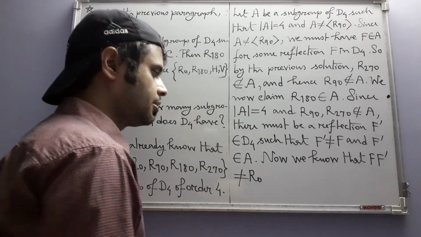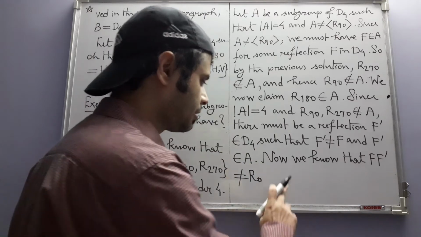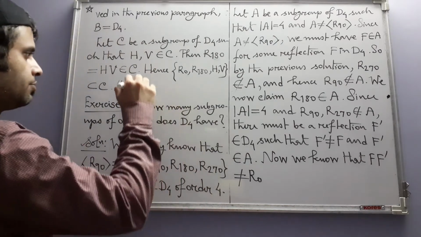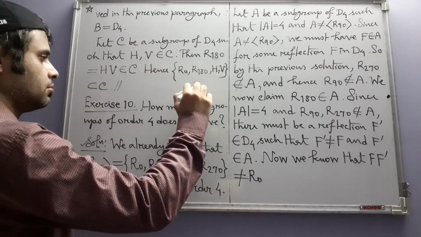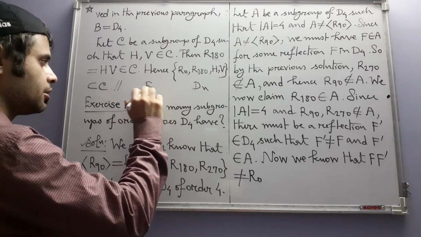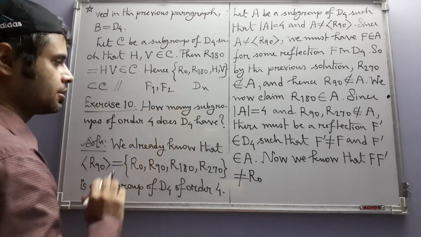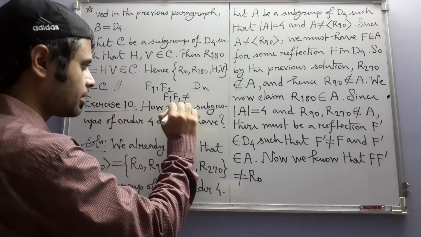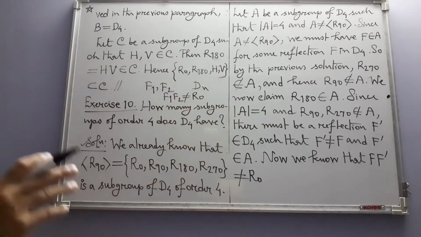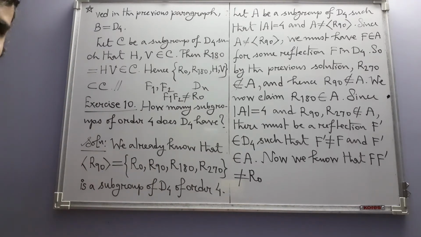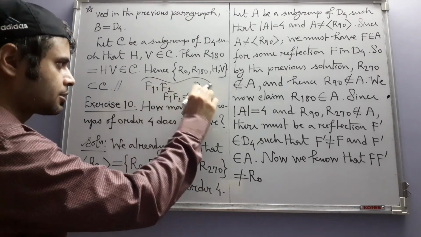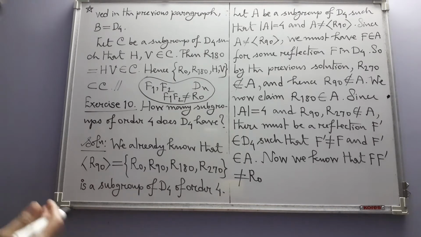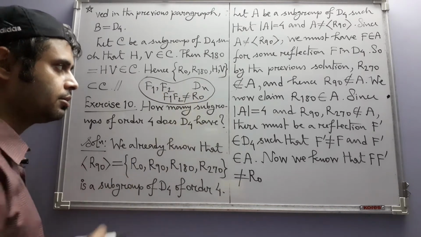I don't remember it exactly, but we have come across an exercise which says that if in a dihedral group we consider 2 distinct reflections f1 and f2, then their product is not equal to the identity. I am using that result here. If you go back one exercise, you will see that the product of 2 distinct reflections in any dihedral group cannot be equal to the identity.